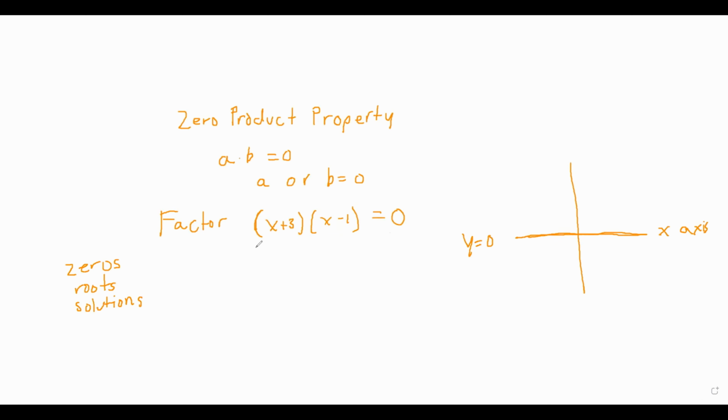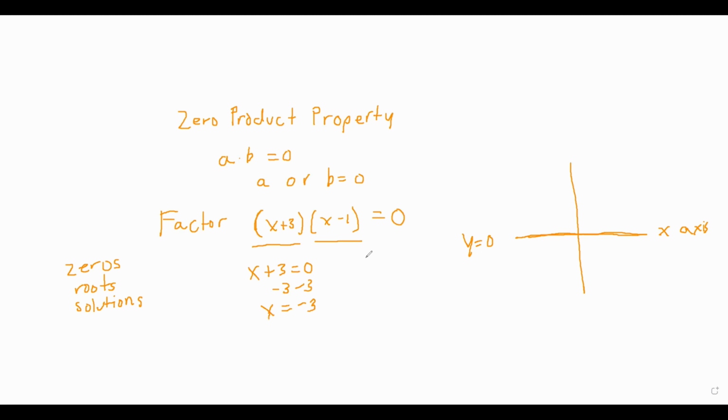We're just going to split these into two different equations, and then solve each individually for x, setting them equal to 0. So the first one will look like x plus 3 is equal to 0. From algebra, we just subtract 3 from both sides. X equals negative 3.